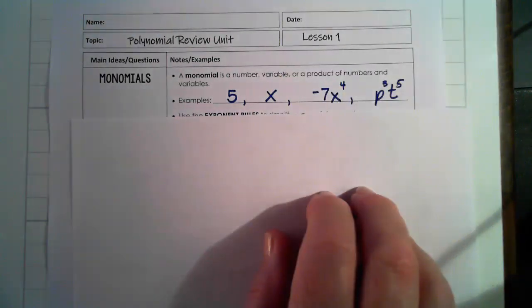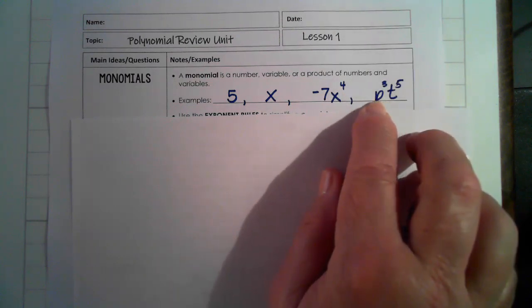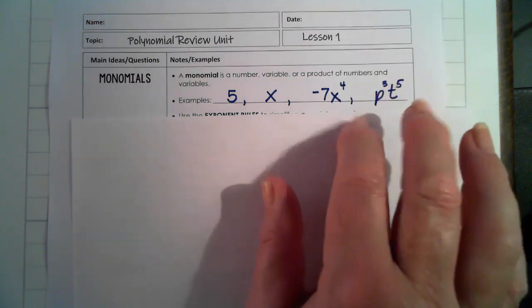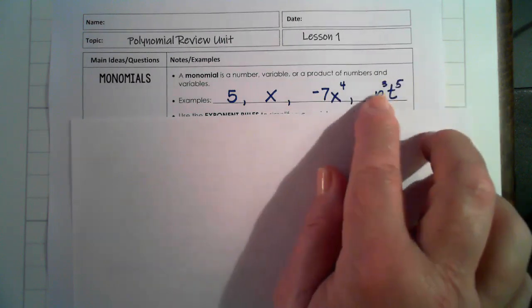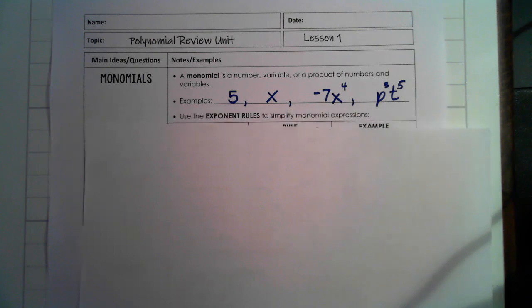This is also a product of variables: p times p times p times t times t times t times t times t. Those are all monomials. Another way to think of it is one term.